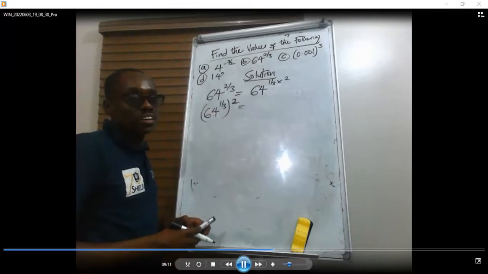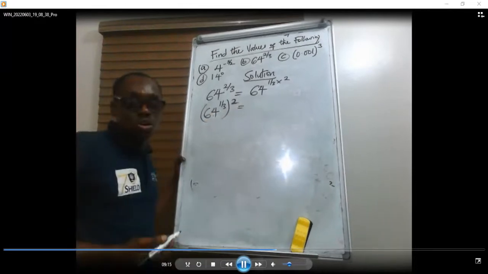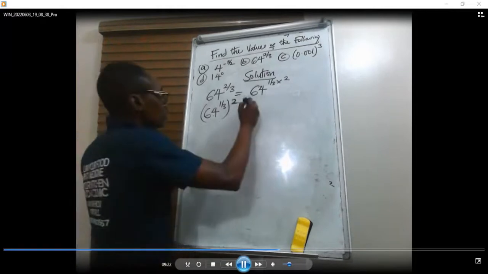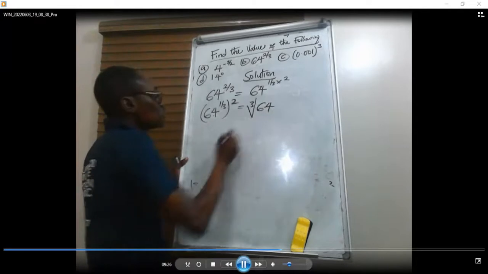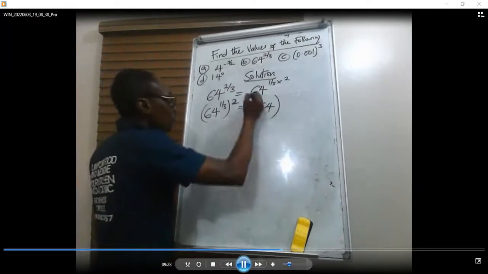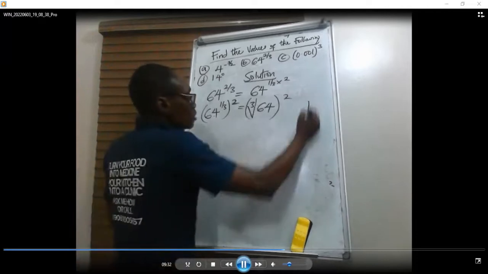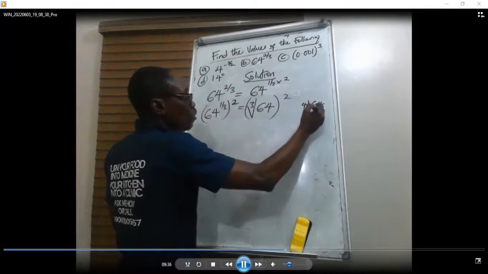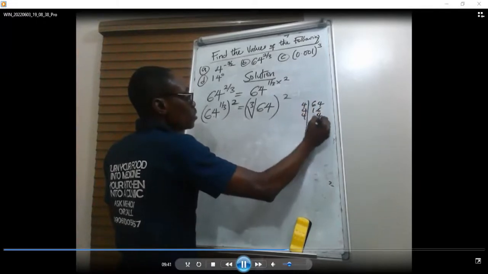What do you do here? This is the same thing as the cube root of 64. Sorry, I said the cube root of 3, that was a mistake. That is the cube root of 64. 4 times 4 is 16, 4 times 16 is 64.